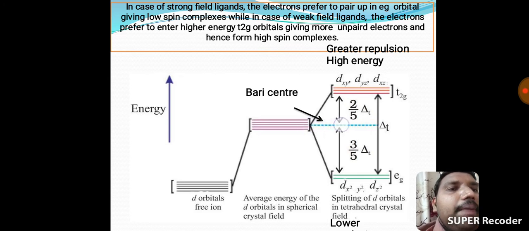From barycenter to the T2 level, it is 2 by 5 del T. 2 by 5 is nothing but: total orbitals are 5, out of these 5, 2 orbitals are in a lower level.